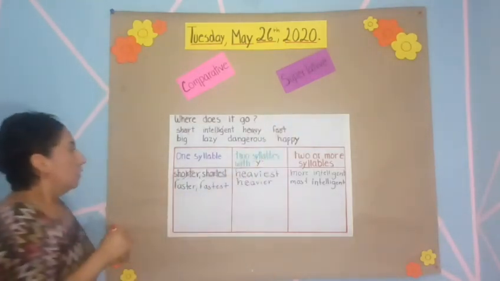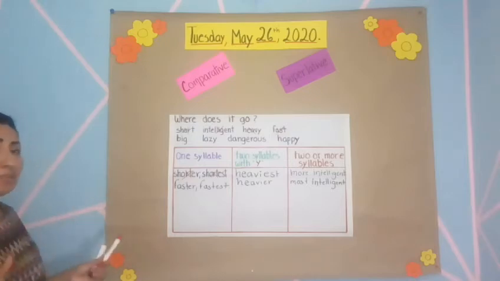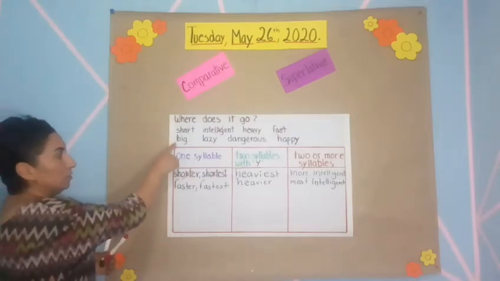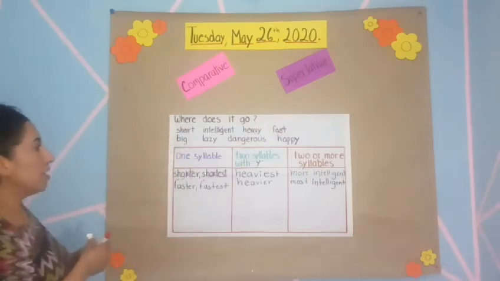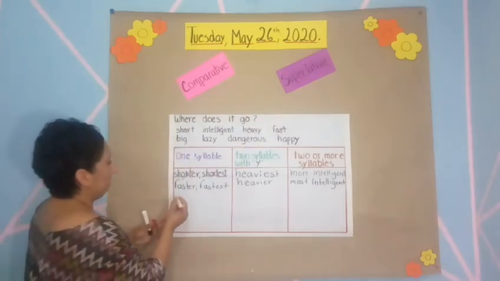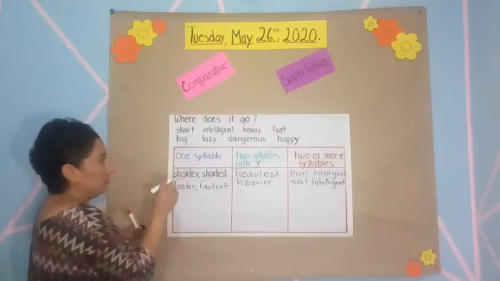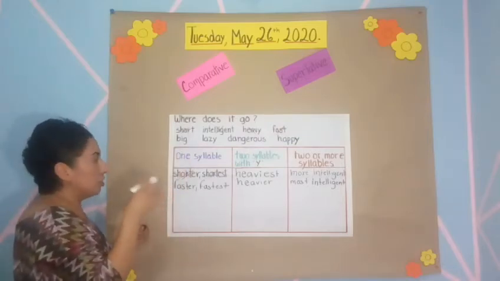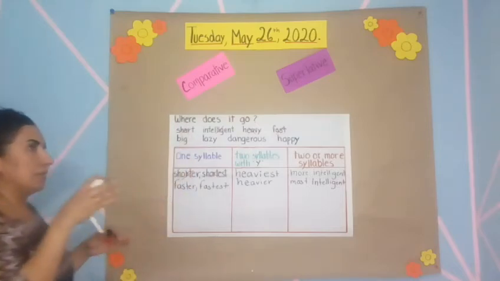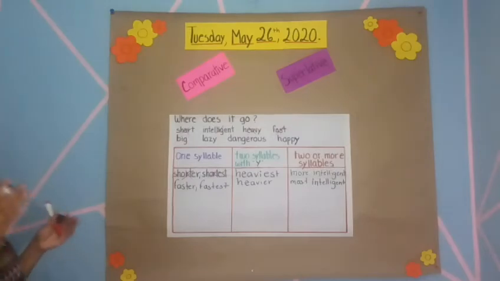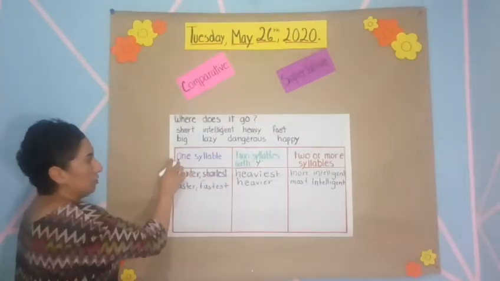Now, we are going to continue with big. Big is an adjective that is structured by consonant, vowel, consonant. In this case, we have a rule that doubles the final consonant, and we need to put another adjective here, because big is structured by consonant, vowel, consonant, and it doesn't fit the other rules.